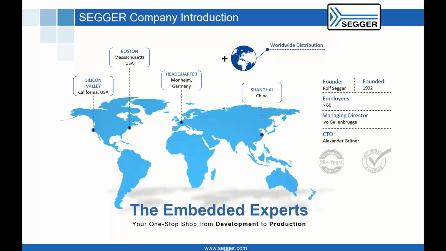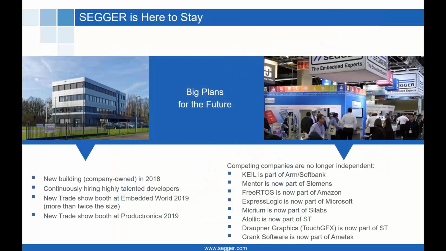And you will also find our products in the major distribution network, worldwide distribution in the major distributors. I like to show this slide because there's been a lot of consolidation over the last years in the embedded tools arena. A lot of independent tool companies are no longer independent.